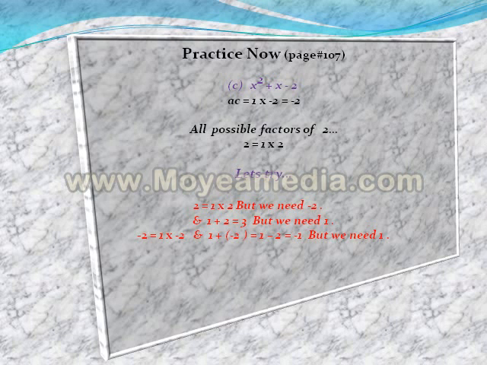So the first condition comes out to be true, but the second condition, the coefficient B of x, which we were looking for, is 1. It's not giving us that.